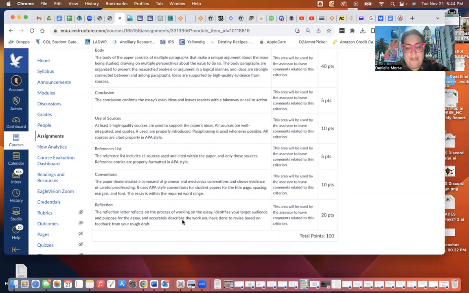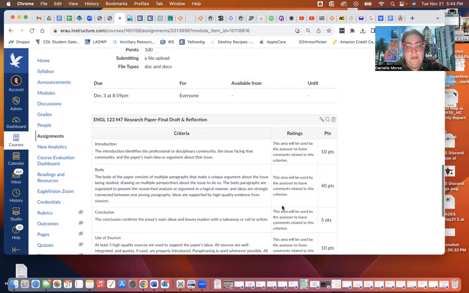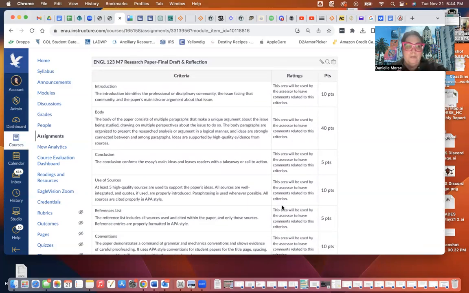The final rubric area is for the reflection. But this will provide hopefully some additional guidance about what you should aim for generally. A lot of these are very general, but it gives you some guidance as well.